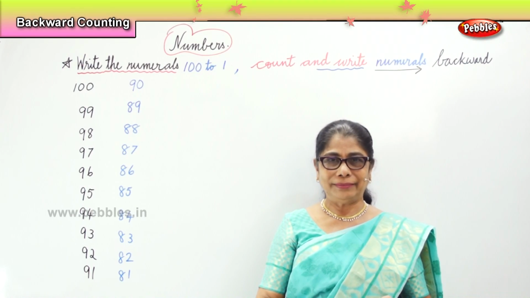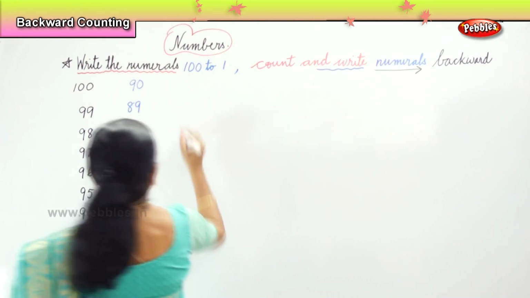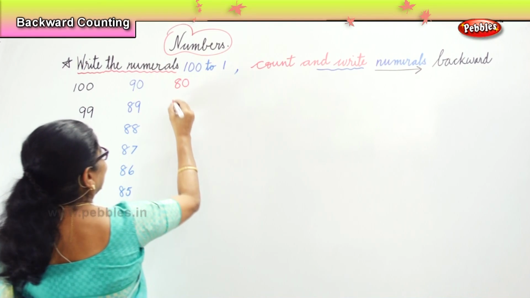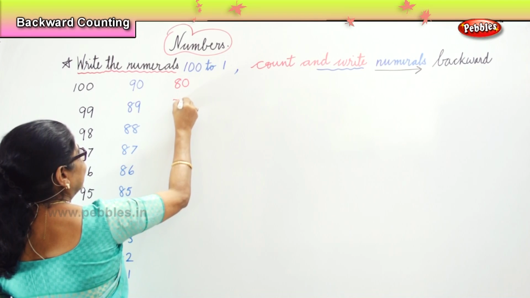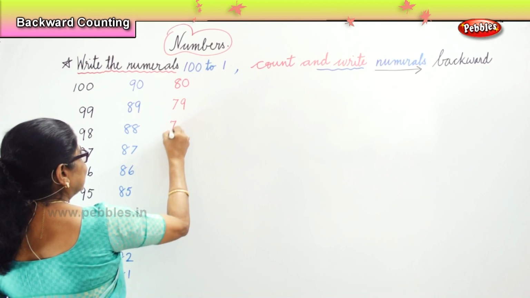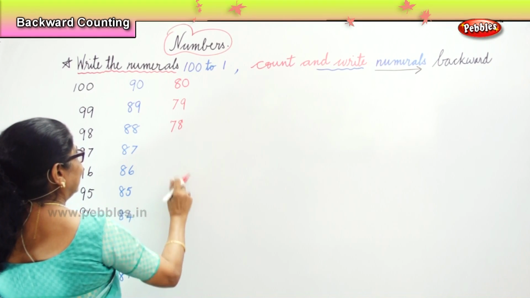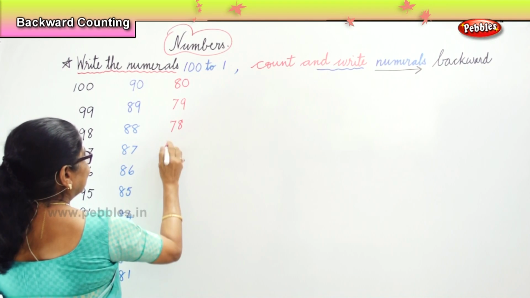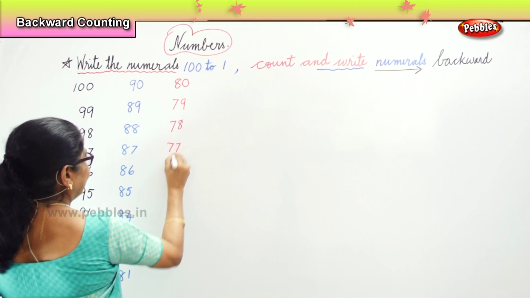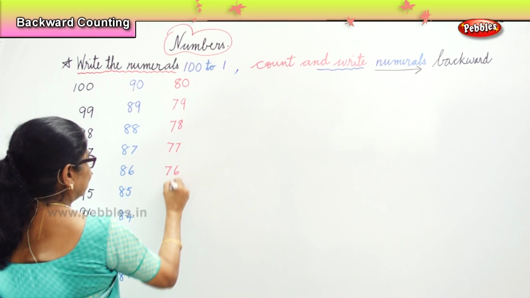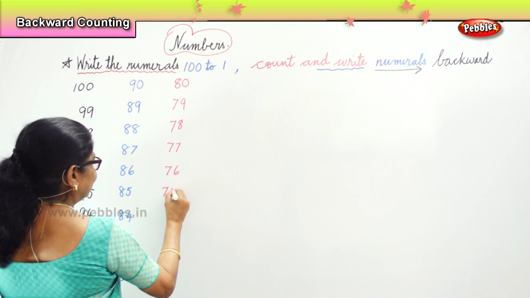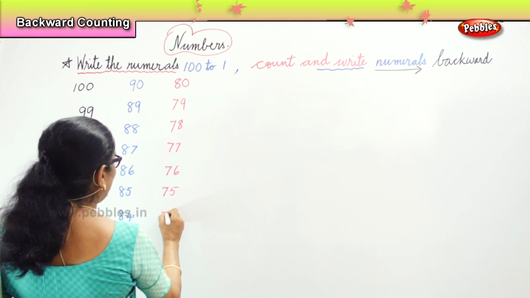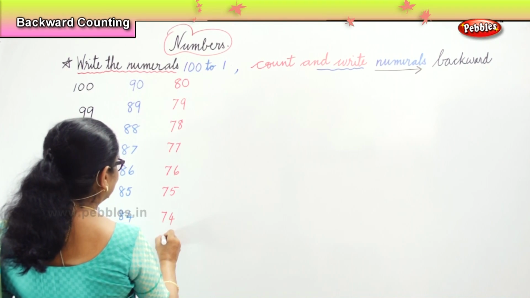What's the next numeral? 80. Next numeral is 80. Now 1 less, good. 79, good. 78, follow the pattern, 9, 8, 7. Yes, next is 77. 76, good. 1 less, 75. 74, 73.